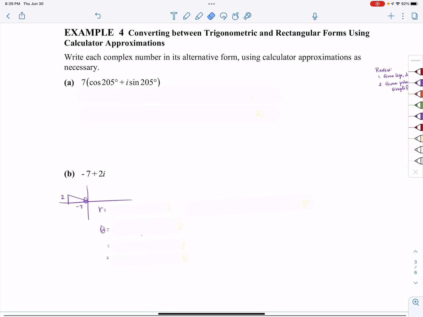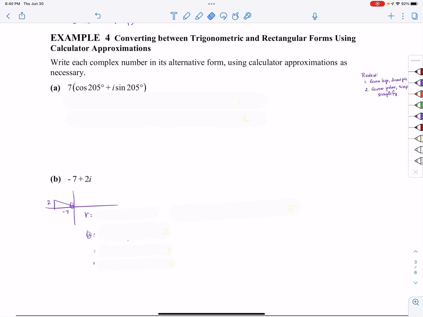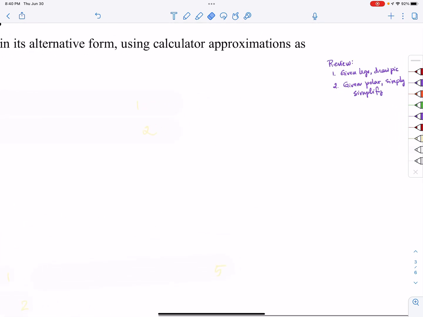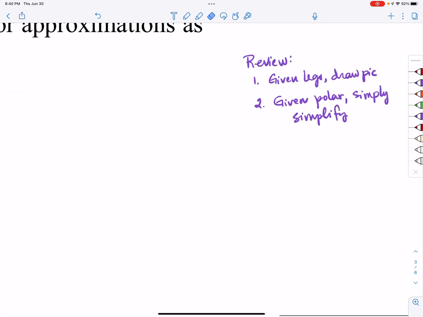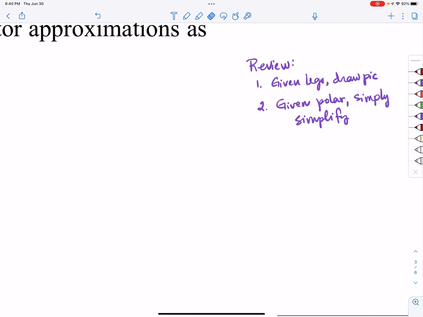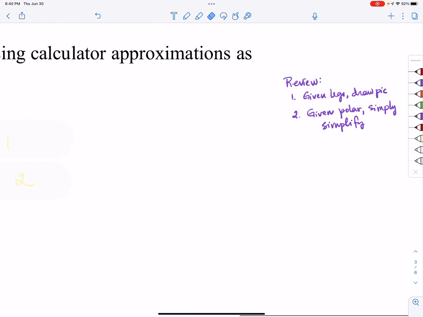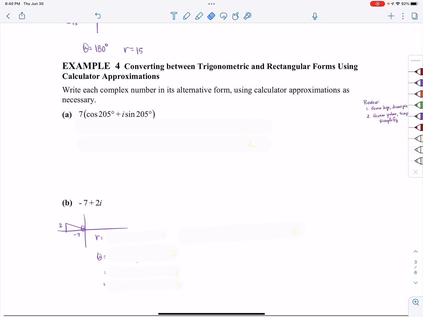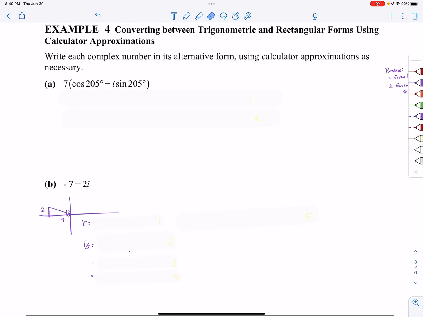Write each complex number in its alternative form using calculator approximations as necessary. All right, I've written over here just a little review. Anytime you're given legs, draw a picture. Anytime you're given polars, simply simplify. So when you take a look here, you're given polars.